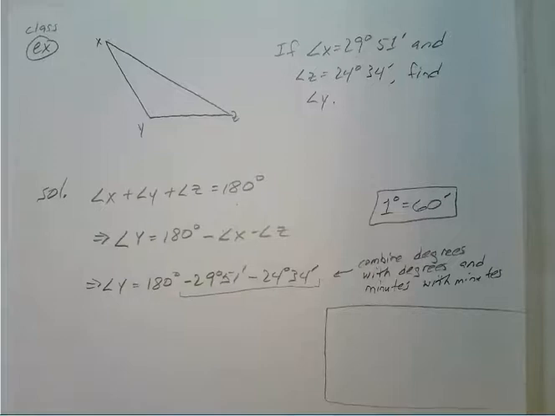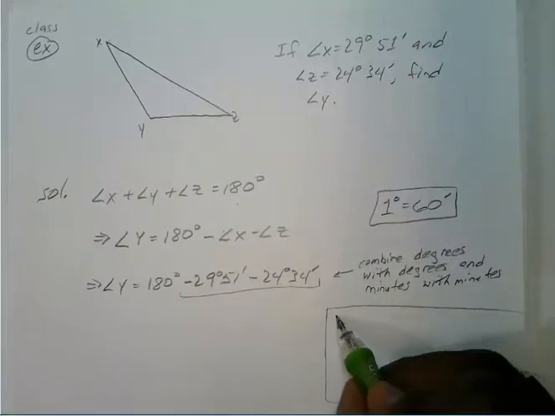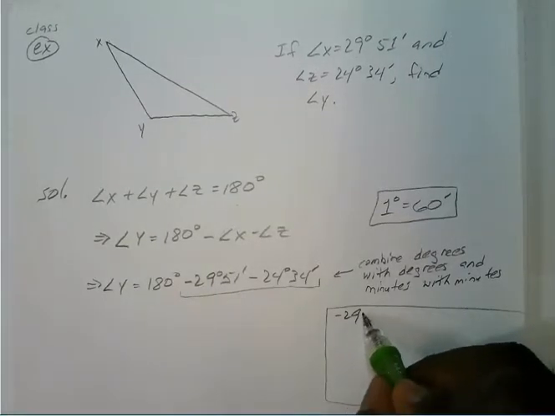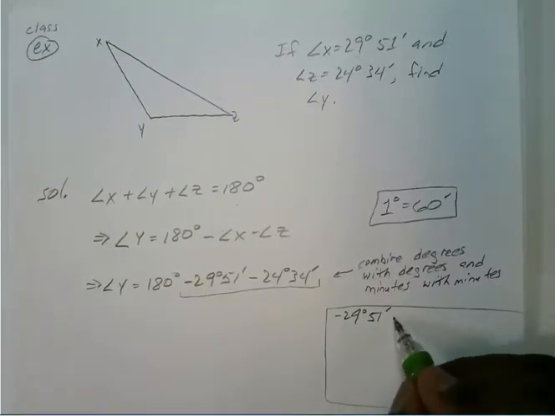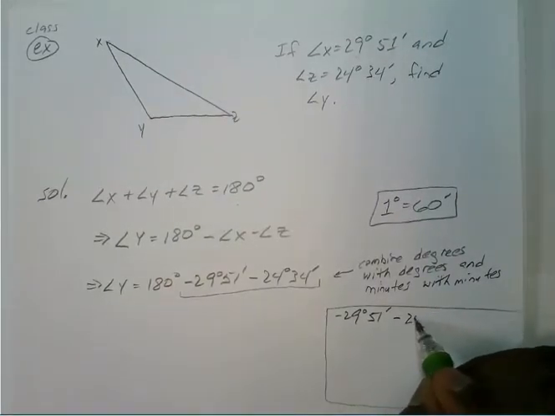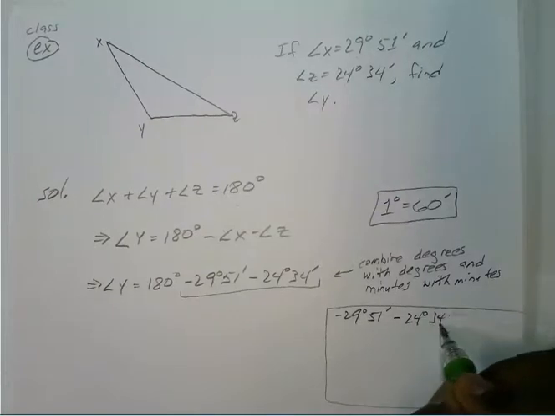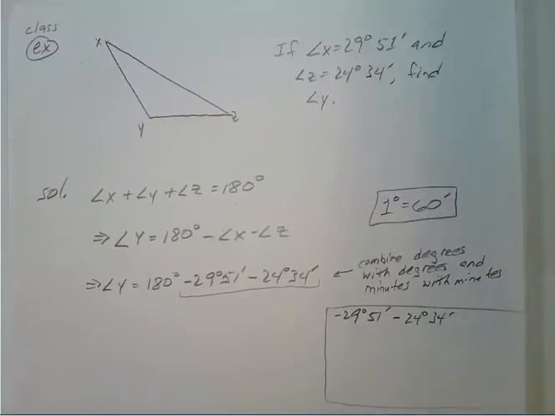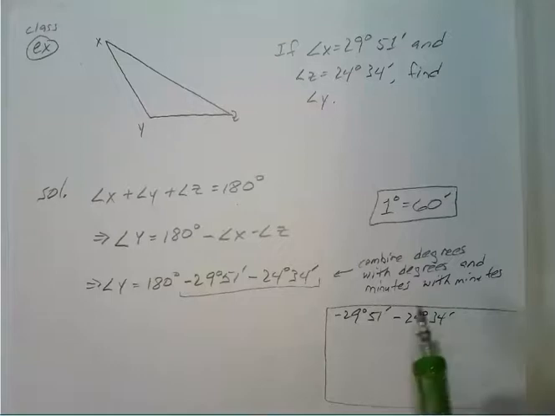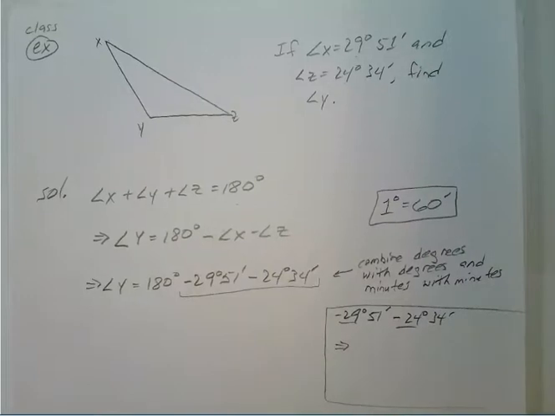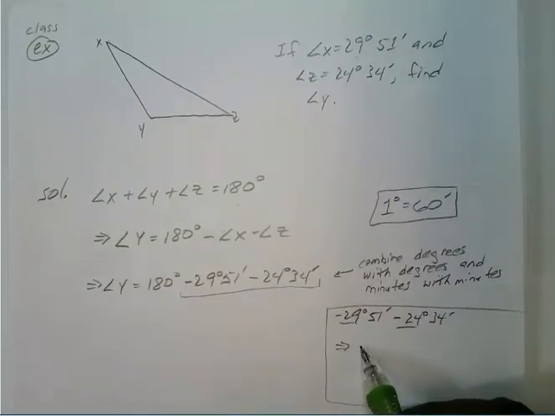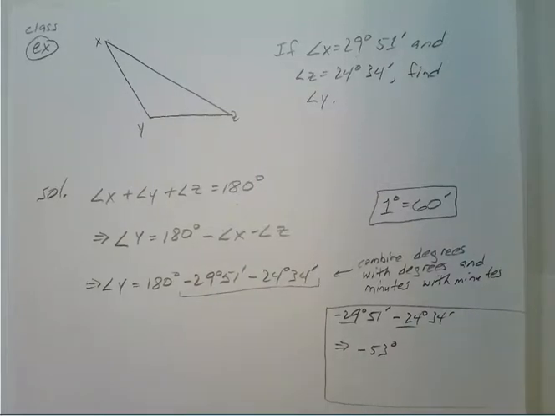So we know that negative 29 degrees, 51 minutes, minus 24 degrees, 34 minutes. If we add just the degrees, that will be negative 53 degrees.